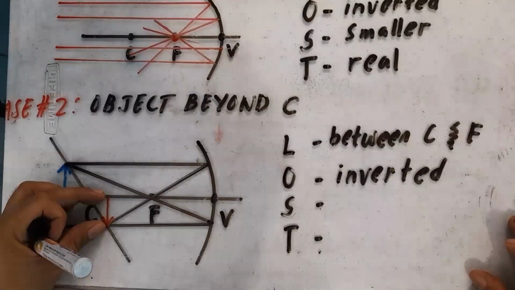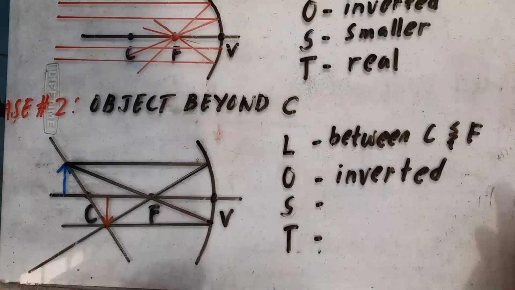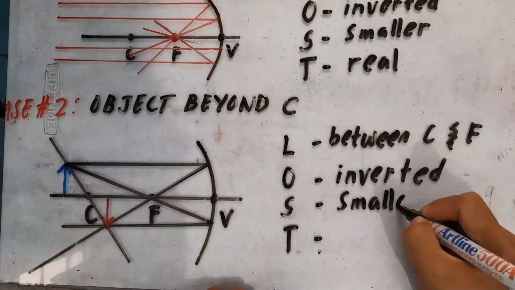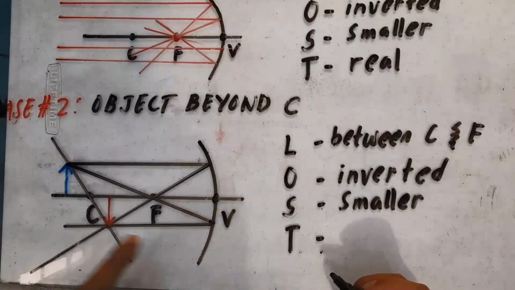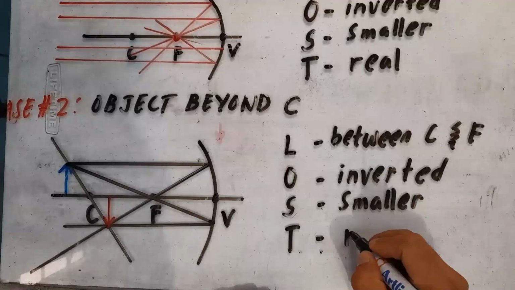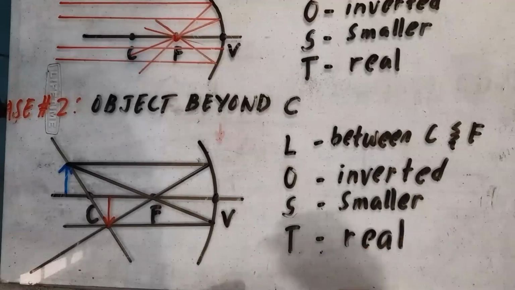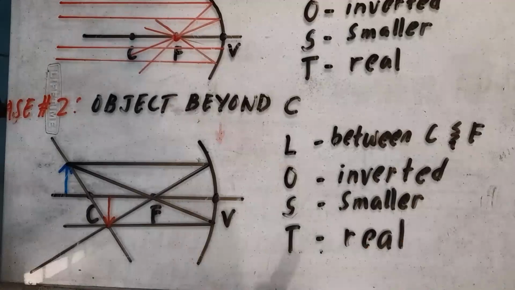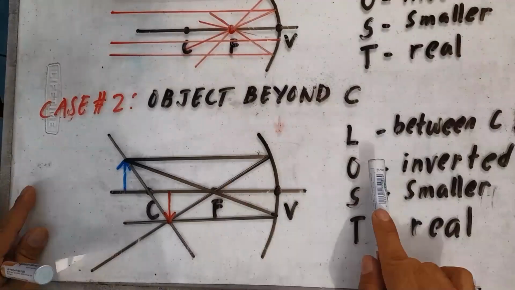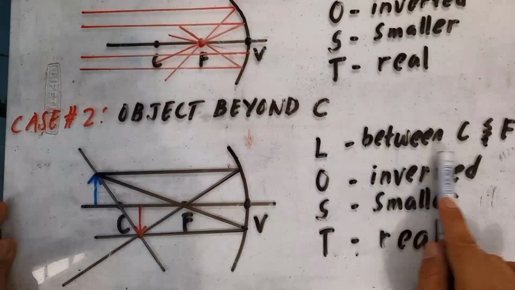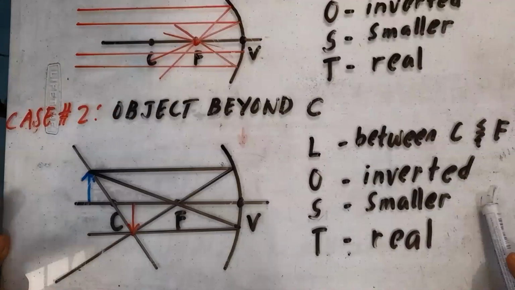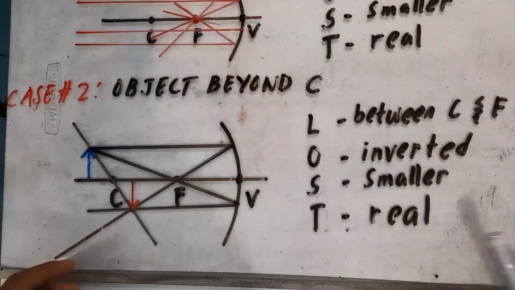The image is smaller compared to the object, so it means smaller. And the type: since again it forms in front of the mirror, it would be a real image. So again, case 2, object beyond the center: the image formed will be between the center and the focus, inverted, smaller, and a real image.